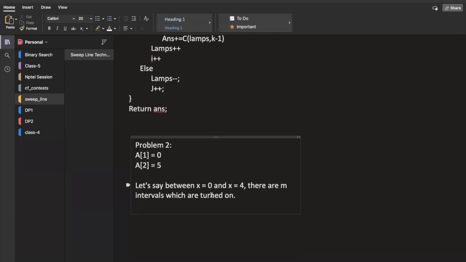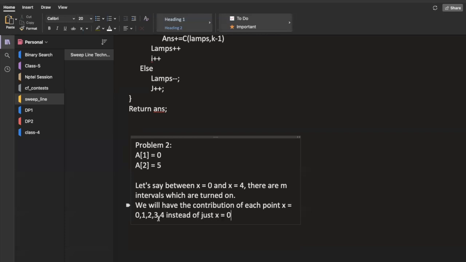So basically we will have the contribution of each point x equals to 0, 1, 2, 3, and 4 instead of just x equals to 0.